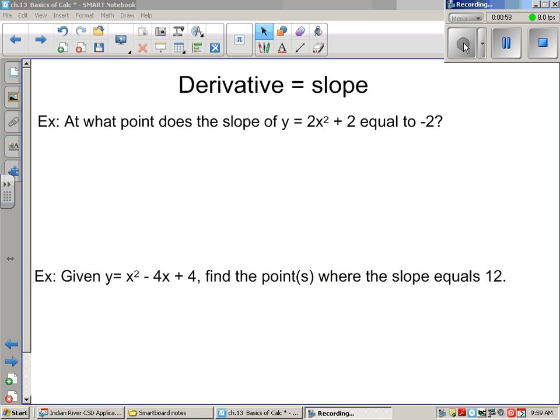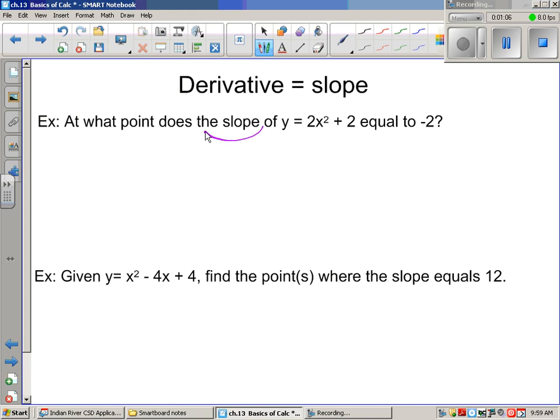Hopefully at this point, you've had plenty of practice with using the slope so that you can easily see that we're talking about the slope of this equation, y equals 2x squared plus 2. My first order of business is to find its derivative, because I know that no matter what, the slope at any point is going to be its derivative. And I can just have a more generalized form of that.